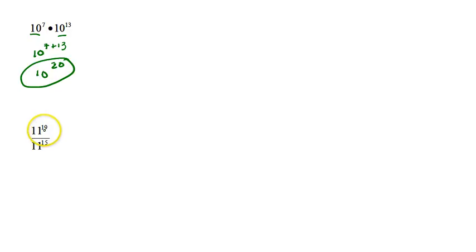Let's look at a couple of division examples. Alright, so I have 11 to the 19th divided by 11 to the 15th. Notice I have the same base number, so I can take 11, take my top exponent and subtract the bottom exponent from it. Well, 19 minus 15 gives me 11 to the 4th, and that would be my answer for this one.